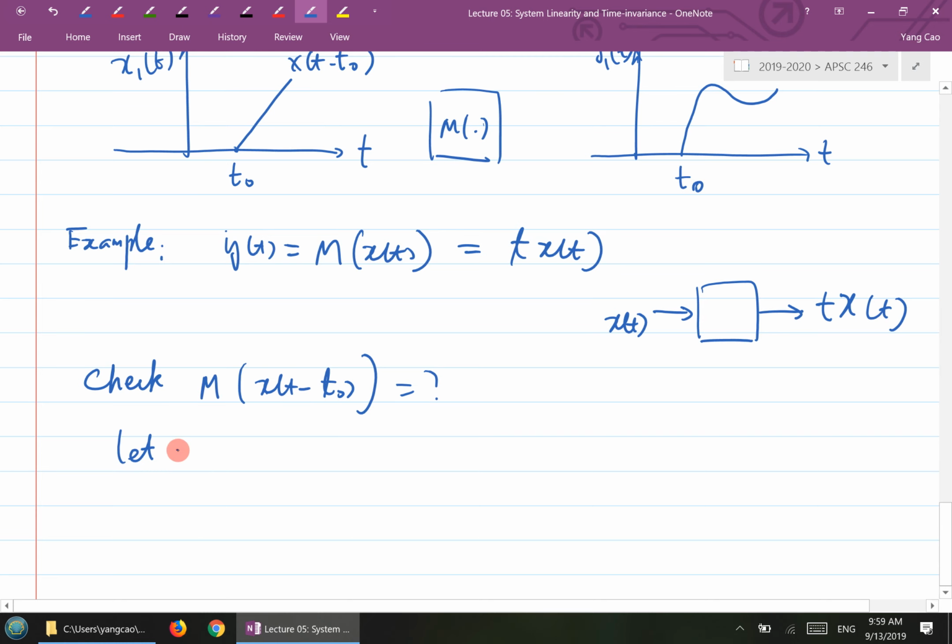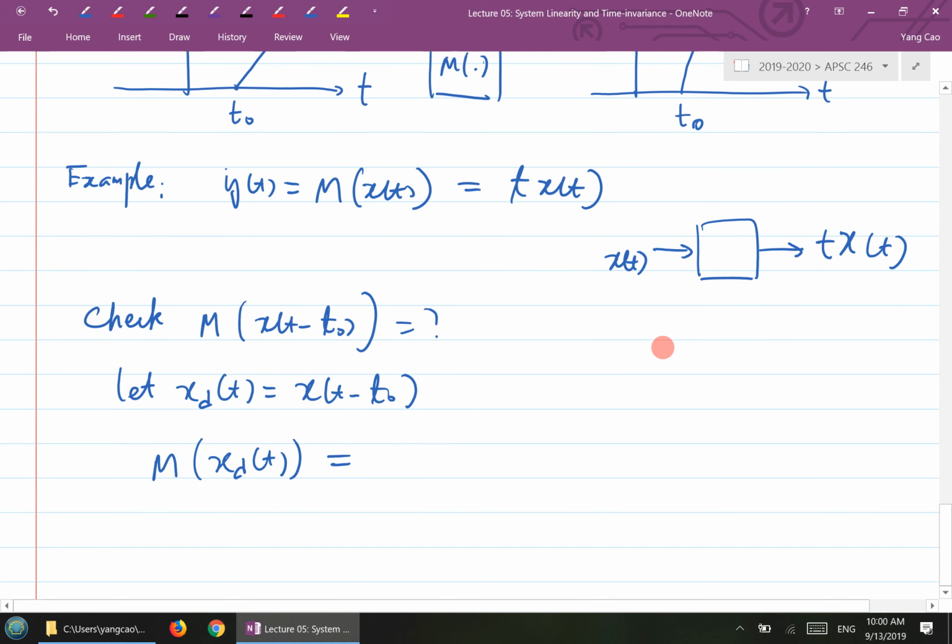So let's call it xd of t equal to x of t minus t naught. Let xd be this new input. You can name it anything you want, as long as it's different from your x. Now S of x of t minus t naught essentially is S of xd.